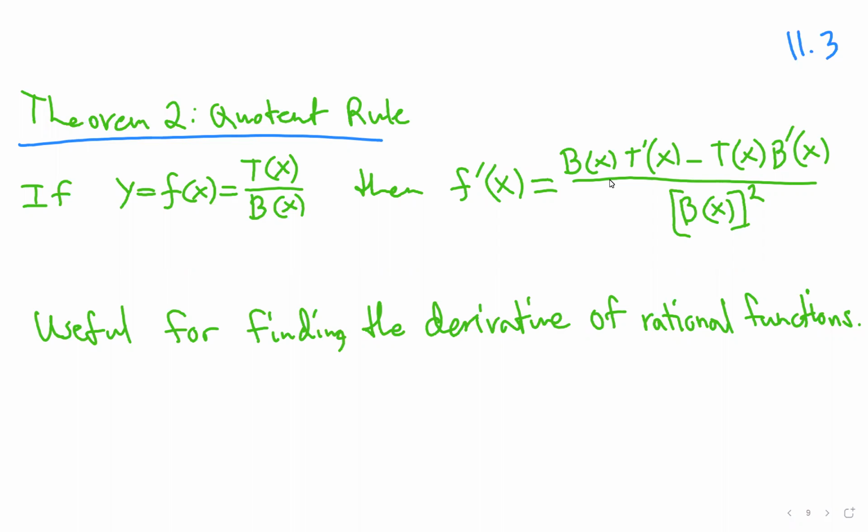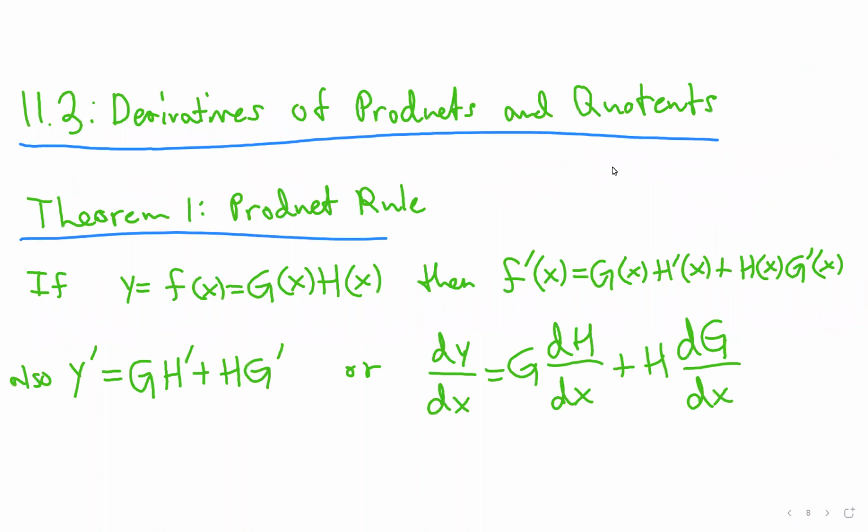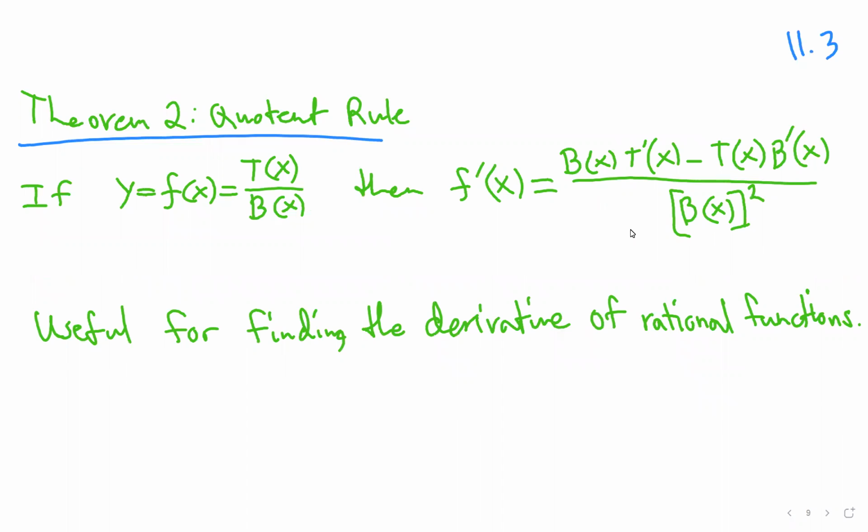And so remember to be very careful and meticulous about how you apply the quotient rule, because it's not commutative like the product rule, where you could potentially commute the g of x, h prime of x and the h of x, g prime of x terms, since addition is commutative. So be careful here that since subtraction is not commutative, you don't switch where these are. That's just a side note that you have to be careful of.